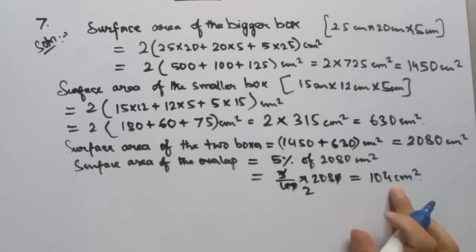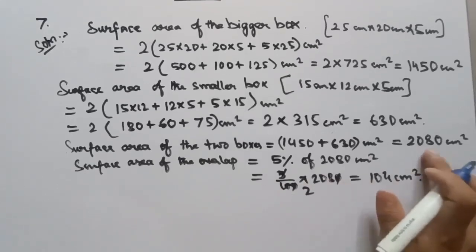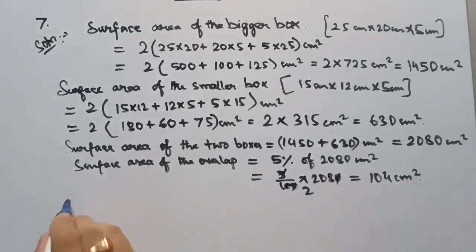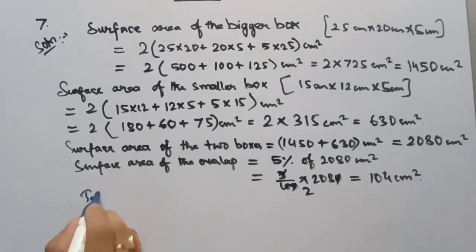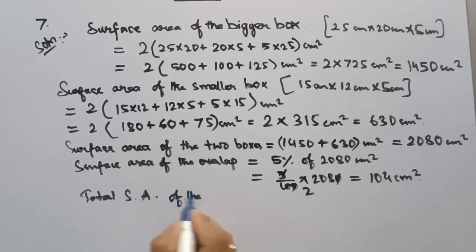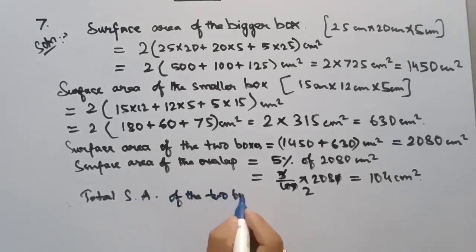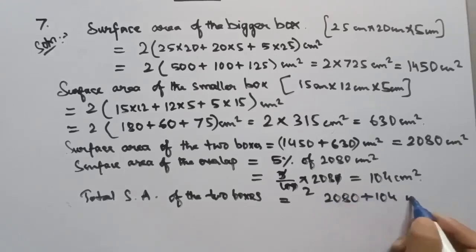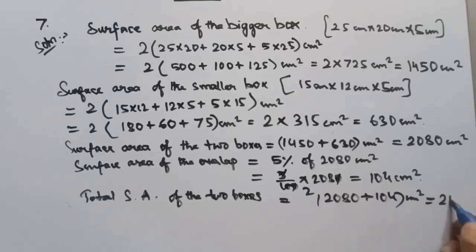Next, we will add this surface area of the overlap to the surface area of the two boxes to find the total surface area. Total surface area of the two boxes is equal to 2080 plus 104 centimeter square, which is equal to 2184 centimeter square.